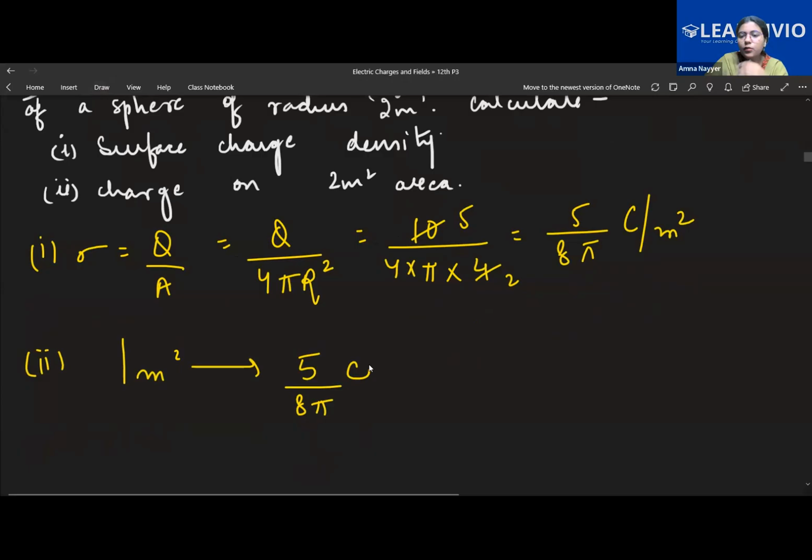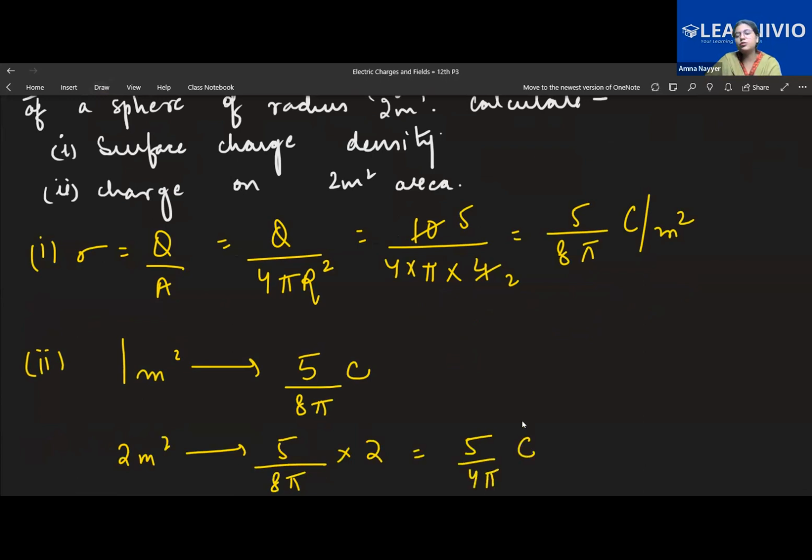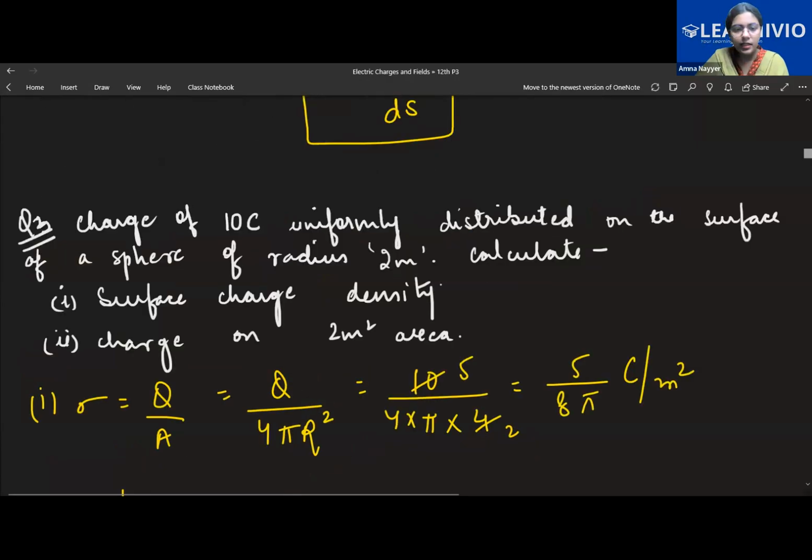So when you will have it for 2 meters square, you will just have to double it. 5 by 8 pi into 2. So that becomes 5 by 4 pi coulomb. So this much coulomb of charge in 2 meters square. So you calculate for the unit, and you'll have every data with you. For anything you can calculate. Write down this one also.